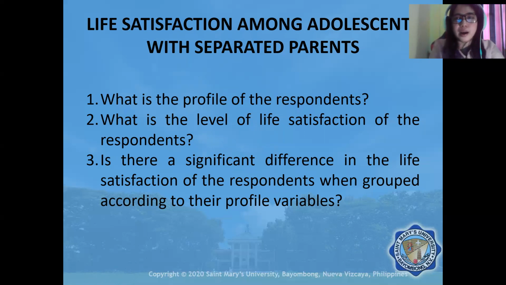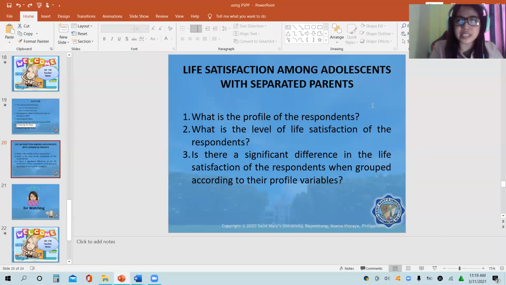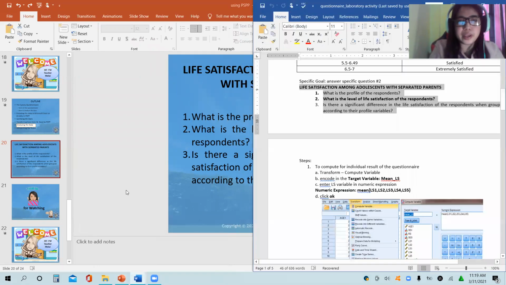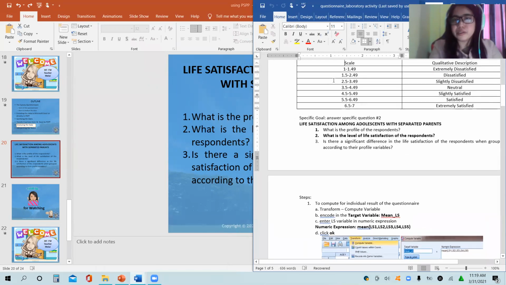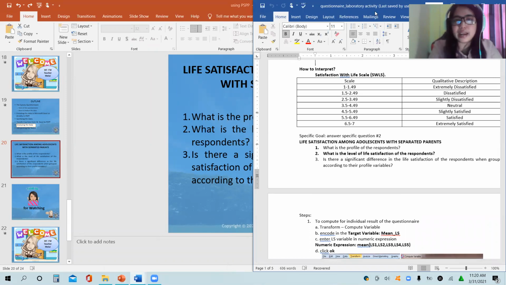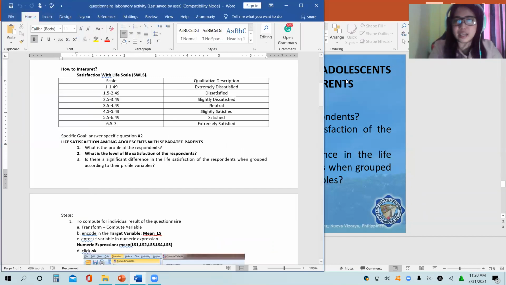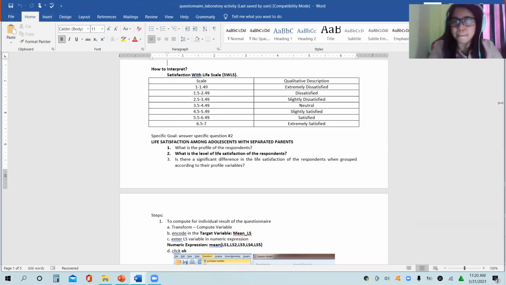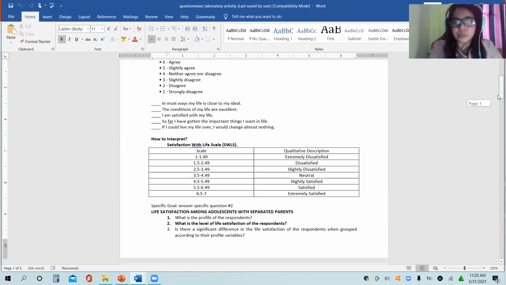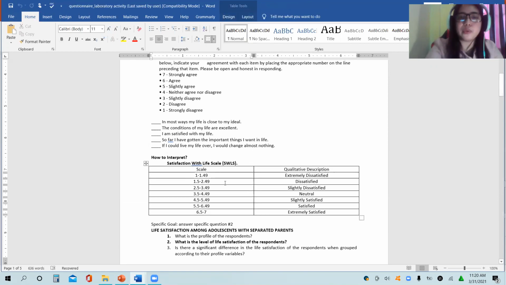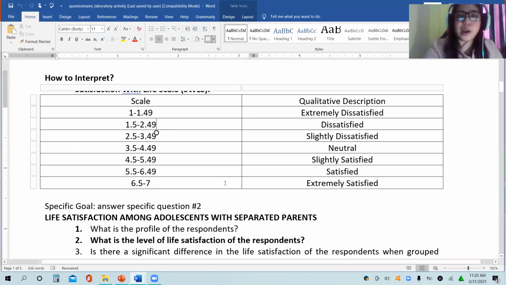Okay, aside from that, we also need to go back to the questionnaire. In our questionnaire here, we need to see again how to analyze the data. This is the guide. 1 to 1.49, extremely dissatisfied.